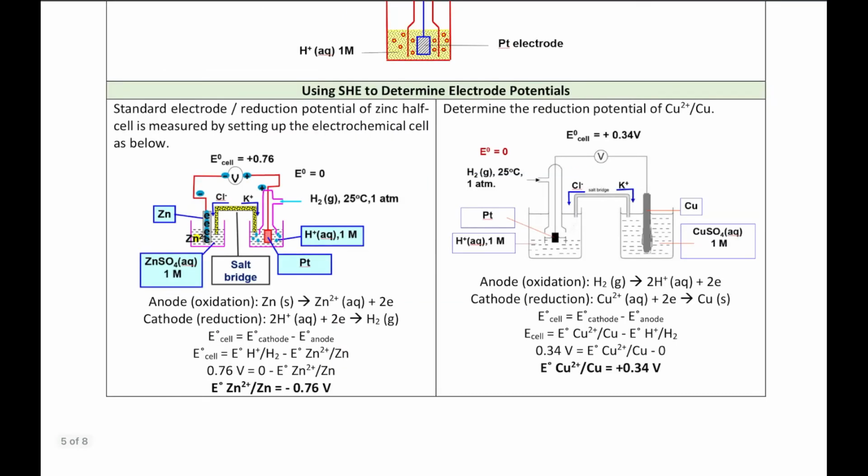Okay, so next, using SHE to determine the electrode potential. Okay, so macam tadi saya cakap, SHE digunakan sebagai reference electrode untuk determine electrode potential yang lain. Okay, so kita tengok example. Standard electrode ataupun standard reduction potential of zinc half cell is measured by setting up the electrochemical cell as below.